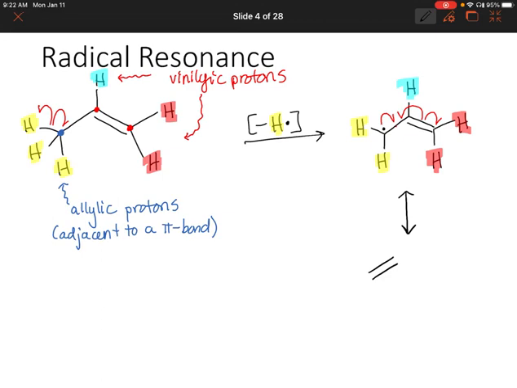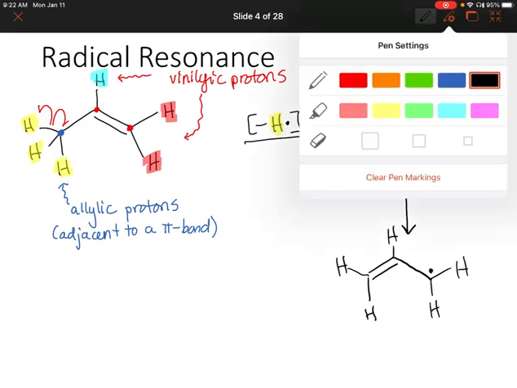And then you'll notice that I was splitting apart that double bond, so now there's only a single bond left. And all of our hydrogens stay the same during this process. But now our single unpaired electron will be on the carbon on the right-hand side.